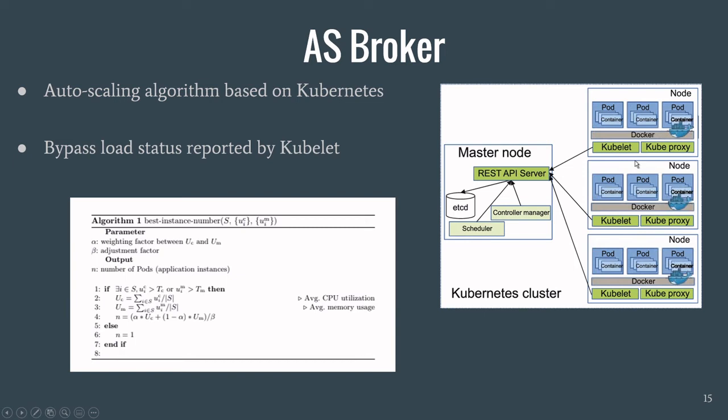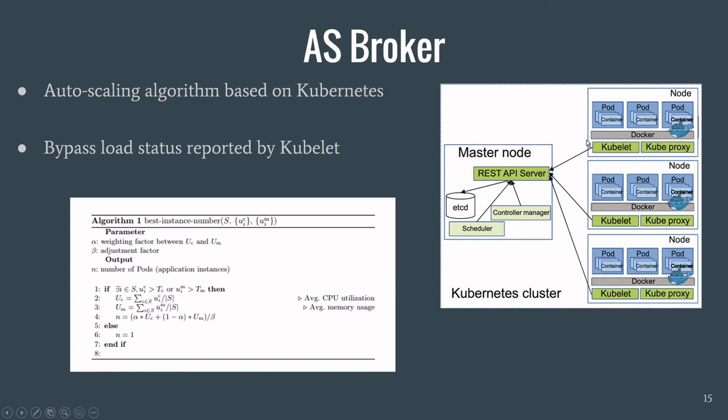Pretty much it's a connection from the REST API server to the kubelet, and in between, the authors tried to put an algorithm called AES broker. It's pretty much in the middle, sort of in this range right here, between the API server and the kubelet, and tries to bypass the load status reported by the kubelet.